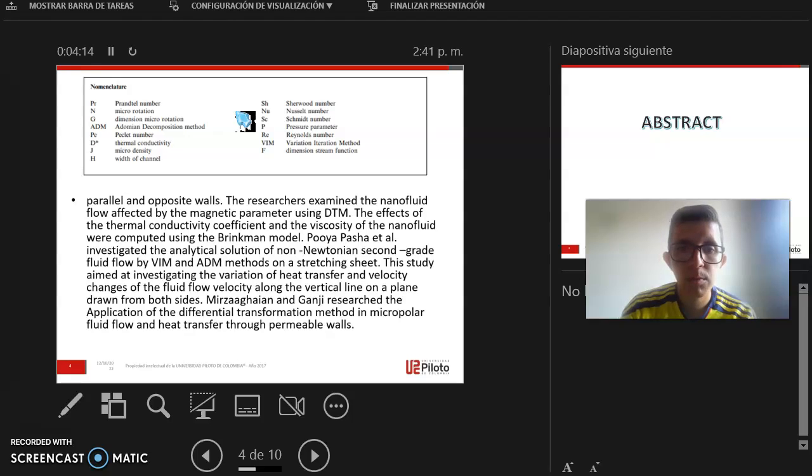Paul Jau Pash et al. investigate the analytical solution of non-Newtonian second grade fluid flow by BEAM and ADM methods on a stretching sheet.